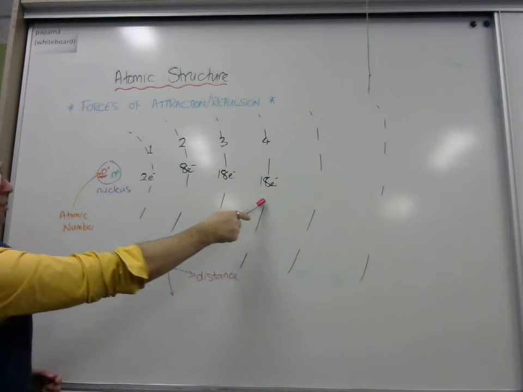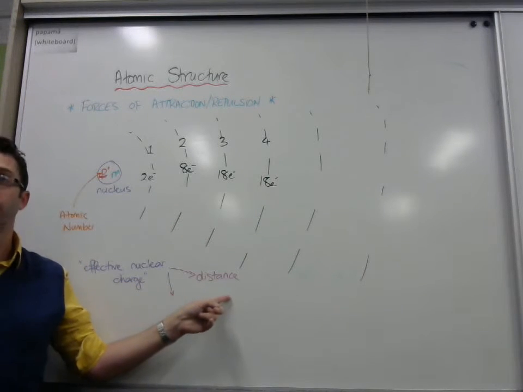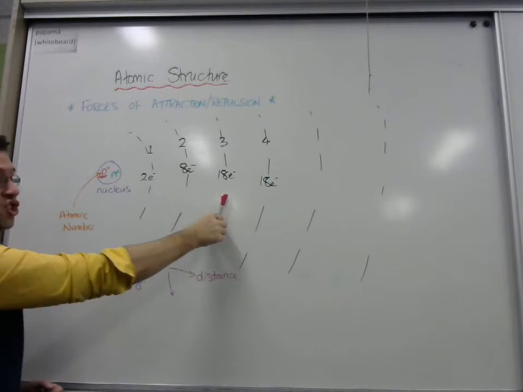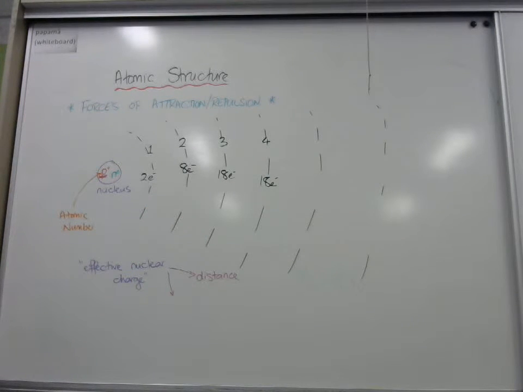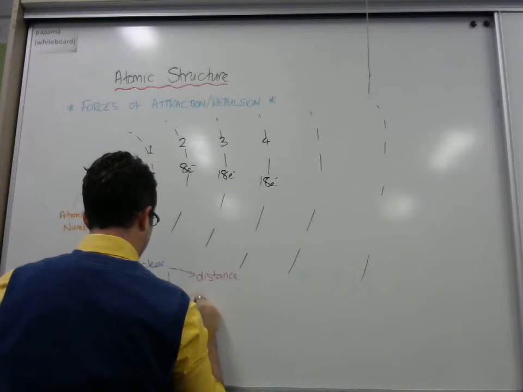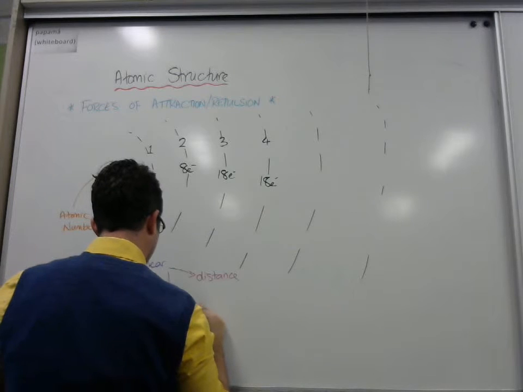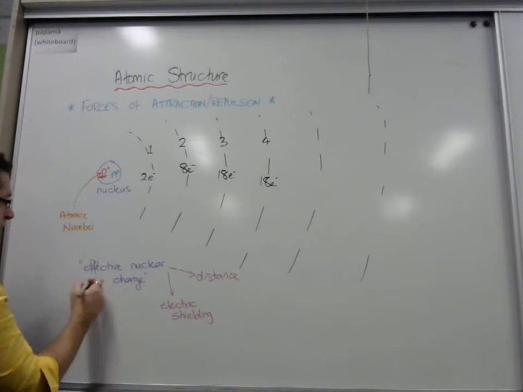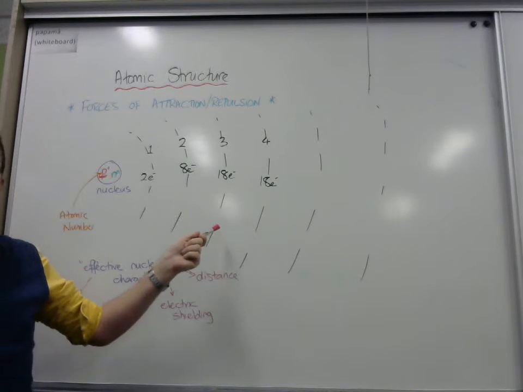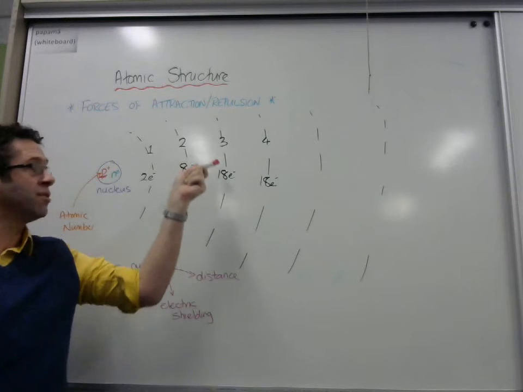So an electron out here is not only miles away, it's also being affected by all of this shielding by electrons at the lower energy levels. So it's called electric shielding. And the really easy one to explain would be, for example, why would these electrons in magnesium be held tighter than these electrons in sodium?